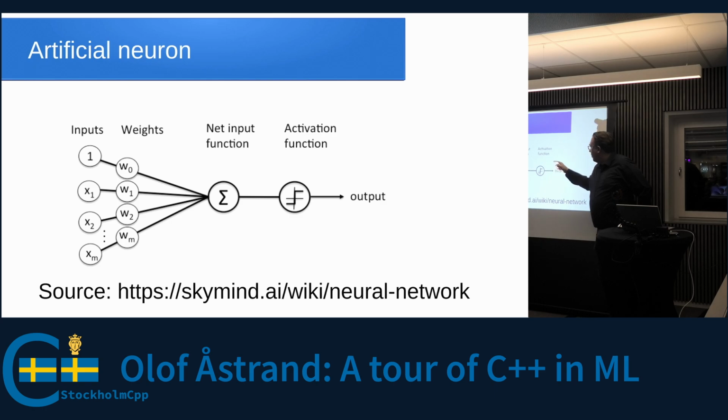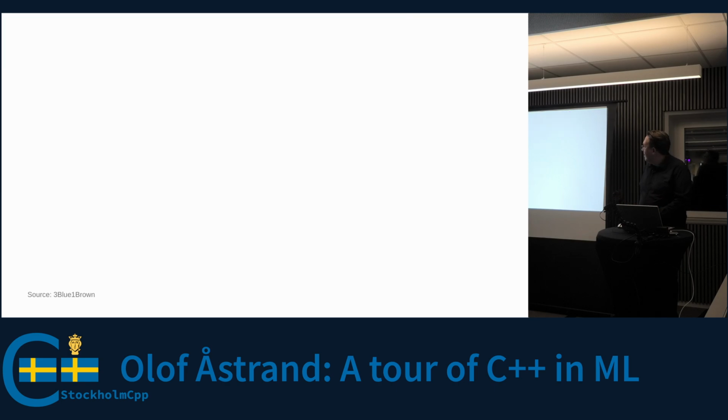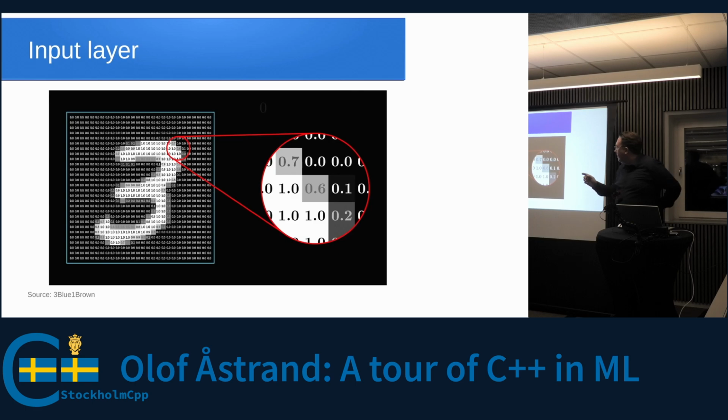You have the inputs and the weights, and you have an activation function. This activation function is very important because it introduces the non-linearity in the system. Otherwise, it would not be so easy to train for more complicated tasks. If you're doing vision, for example, the input layer is like the pixels on the screen, and you can see the tensors, the values represented by the intensity in the picture.